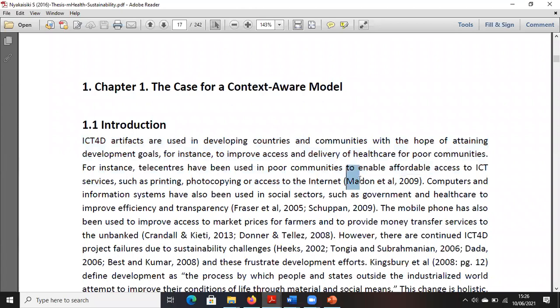For instance, I reference this person who talked about telecenters. But these are not their words. These words are mine. These people did not write these things word for word. I paraphrase them, and then I also bring about the idea of using ICT for D artifacts. Then I reference somebody who has the same thinking and feeling as me, as a researcher.